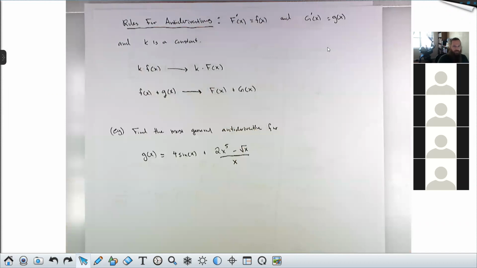And at a glance, this looks pretty intimidating. 4 sine x, I know how to handle that. That's not going to be too bad. But this piece looks quite intimidating. It doesn't look anything like the stuff from my table.